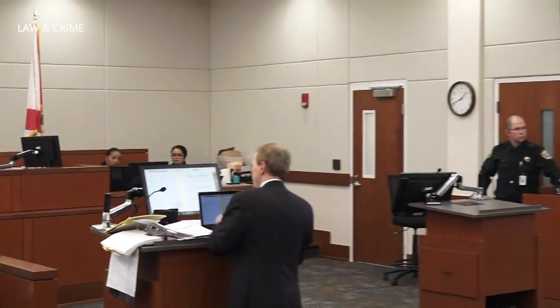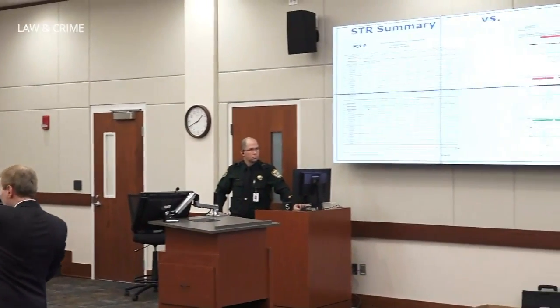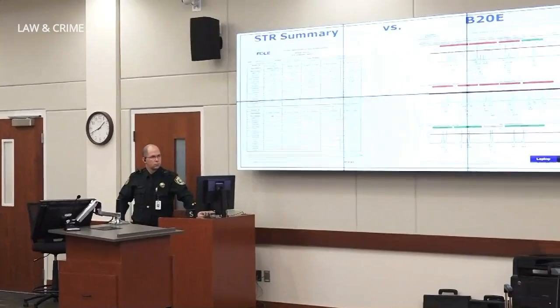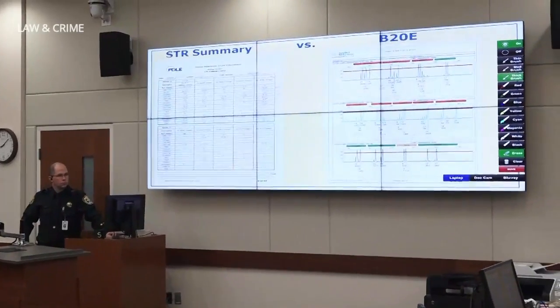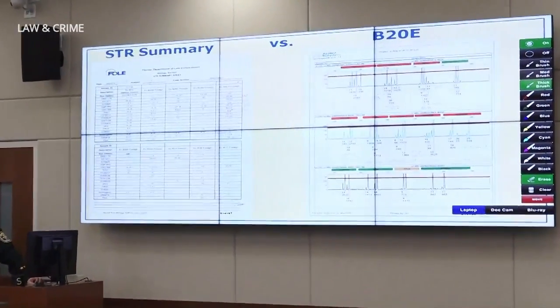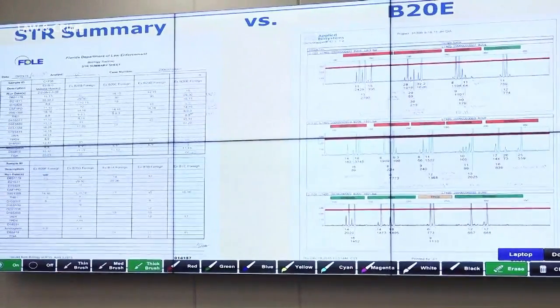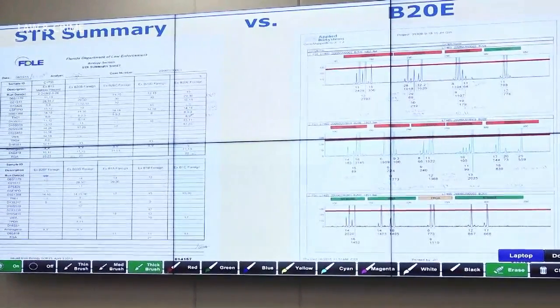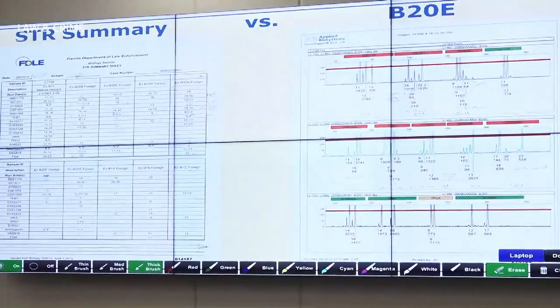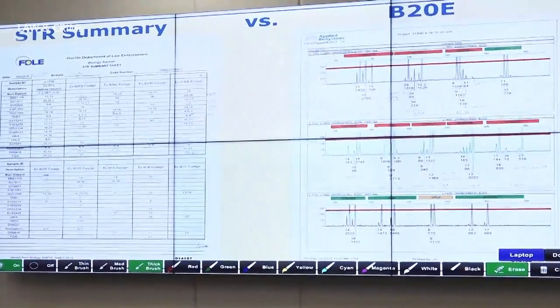On the left-hand side, that's the STR summary sheet at page 14,157, correct? This is one of them. Right, well, one of them. There were others. That's fair. Okay. And on the right-hand side is page 1 of the B20E electropherogram. You can't see it on the screen, but it's page number 14,185, correct?